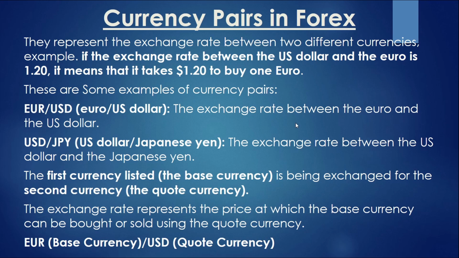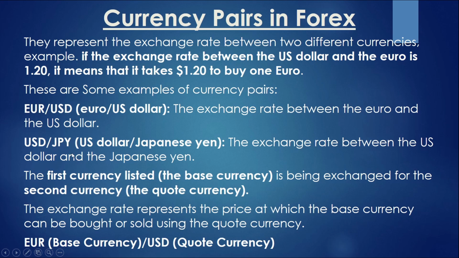Some examples of currency pairs are EUR/USD, which represents the euro and the US dollar. So this is the exchange rate between the euro and the US dollar, right? There is also USD/JPY, which is an exchange between USD and the Japanese yen.